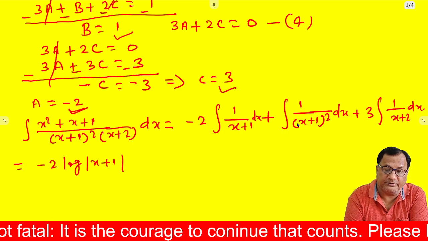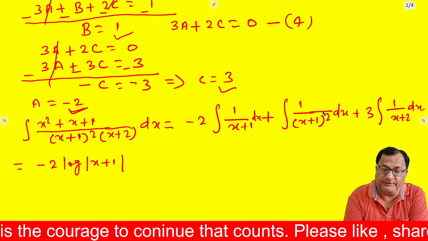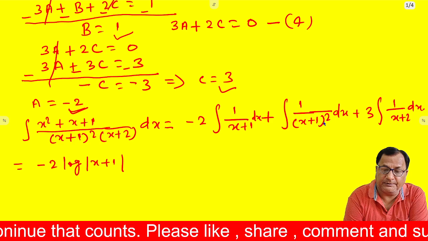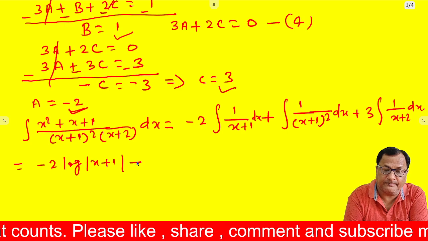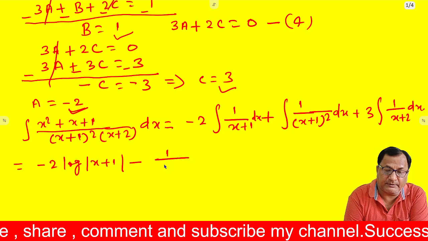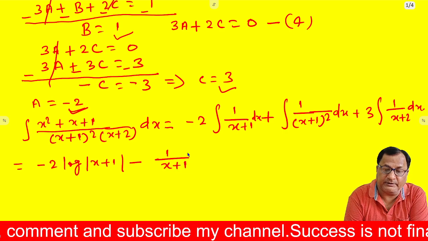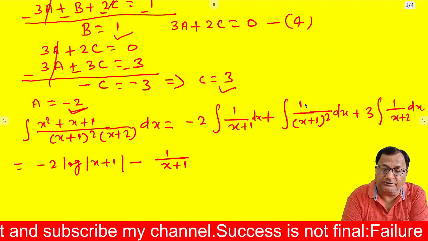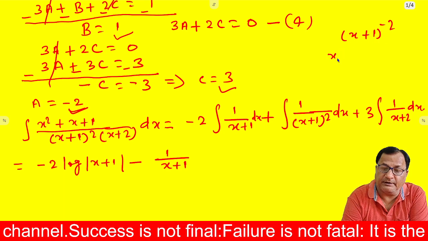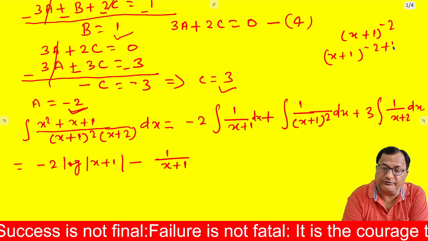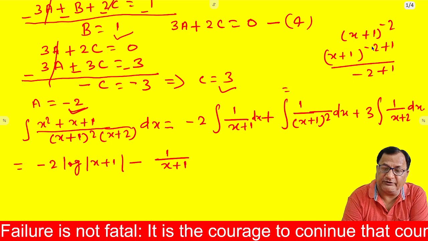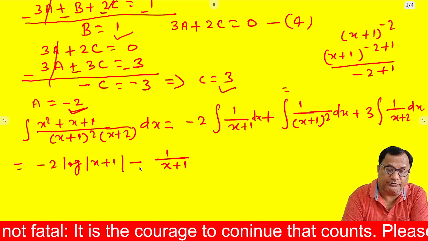For this one, suppose we take (x plus 1) whole square up, then it will be (x plus 1) to the power minus 2, so the integration will be (x plus 1) to the power minus 2 plus 1 divided by minus 2 plus 1, which means minus 1. So this will be minus 1 by (x plus 1).